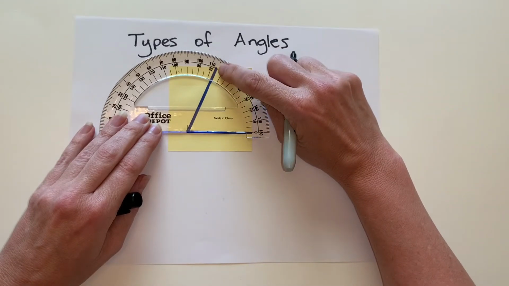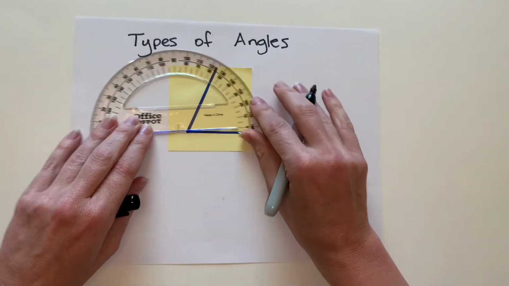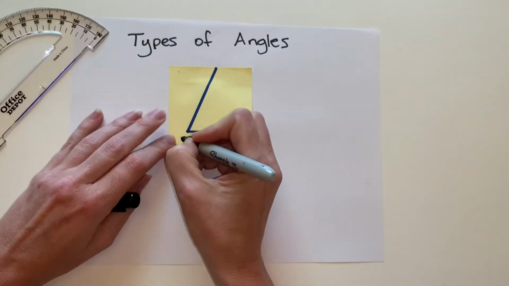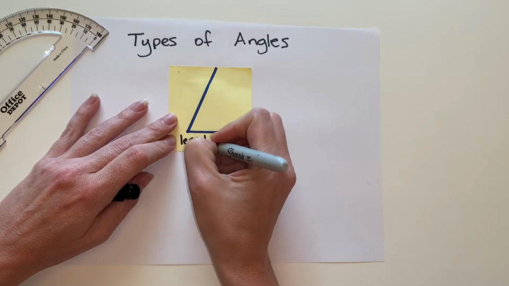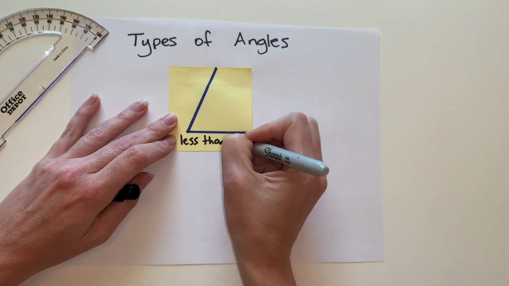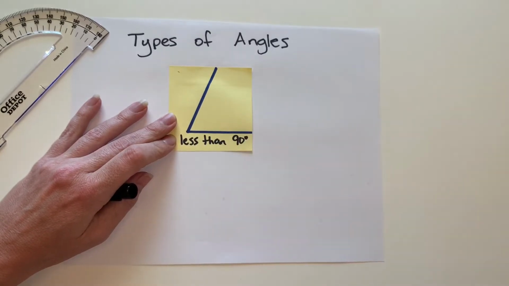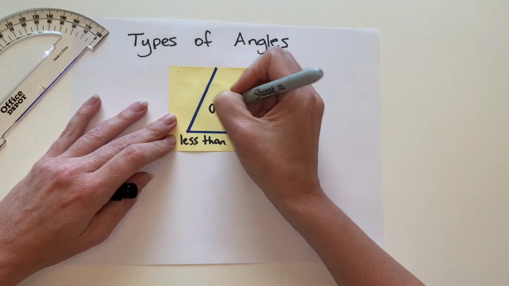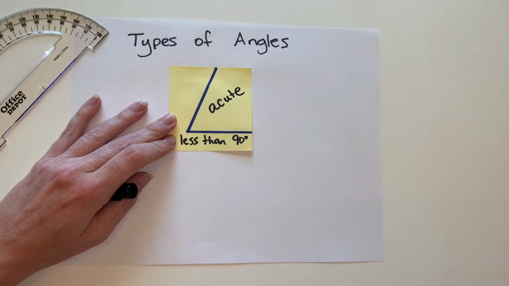It's a little bit more than 65, maybe 66. And 66 is less than 90 degrees. And when you have an angle that's less than 90 degrees, then it is called an acute angle.